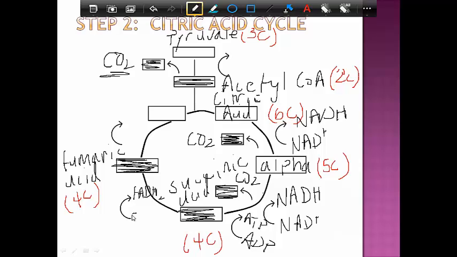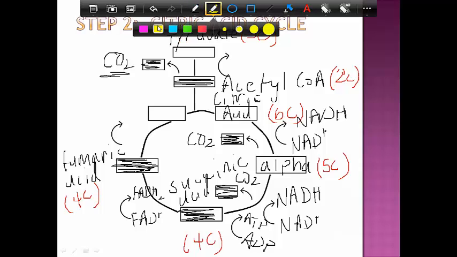And it's formed from the carrier FAD+. So this is unique in that this one carries 2 hydrogen ions. So 2 hydrogen ions are taken off of succinic acid, stuck onto FAD to make FADH2, and in the resulting other chemical reactions that take place, or chemical transformations, we make this fumaric acid.